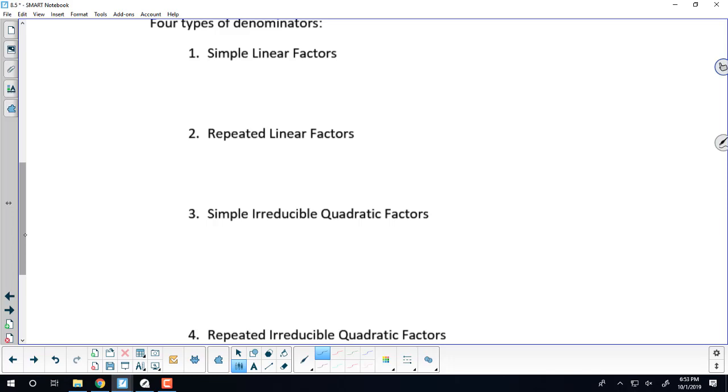So simple linear factors are like x plus 1, x, x minus 4, you know, those kinds of linear factors that aren't repeated. And then item 2 says repeated linear factors.